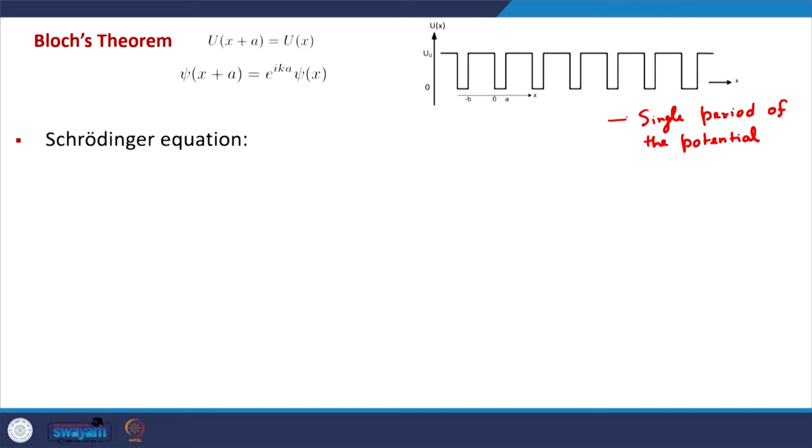So first we need to identify a single length in which the potential profile is not repeating itself, and then we would need to solve the Schrodinger equation for this period.